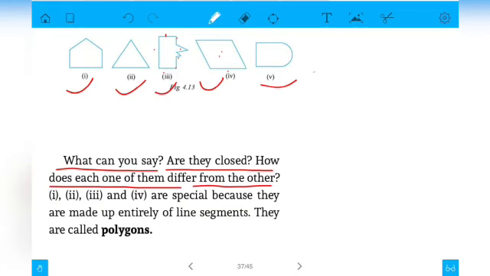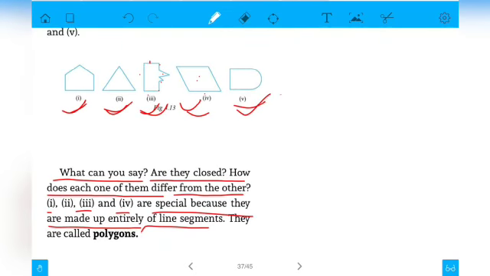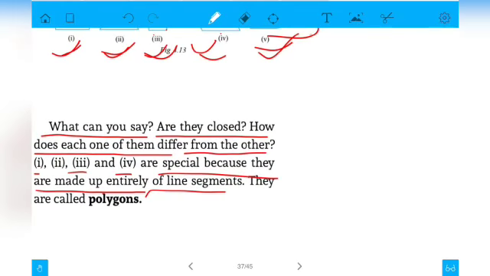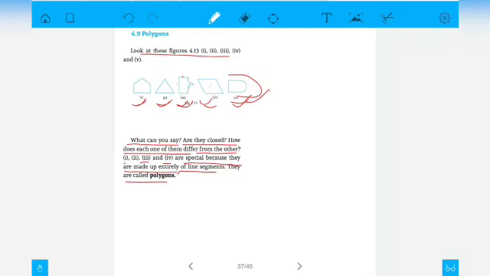What are the differences between them? They are generally asking this. You will see that 1, 2, 3 and 4 are special because they are made up entirely of line segments. But what is the difference with the fifth? You will see there is a curve in this figure, so it is not a polygon. It is a curved closed figure.